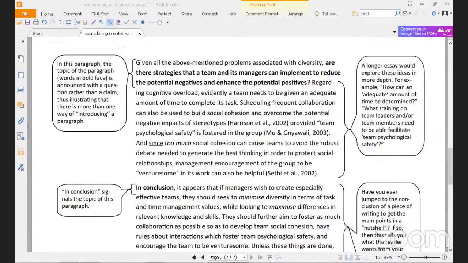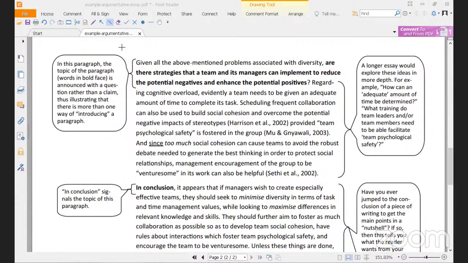Given all the above mentioned problems associated with diversity, are there strategies that team and its managers can implement to reduce the potential negatives and enhance the potential positives?